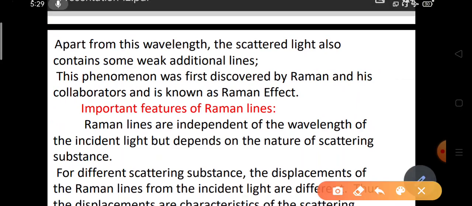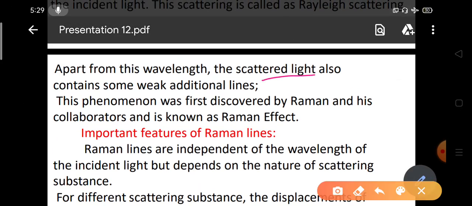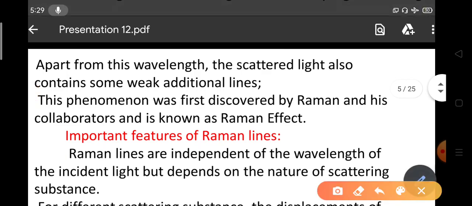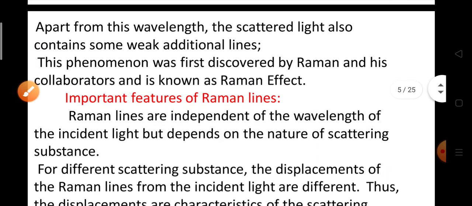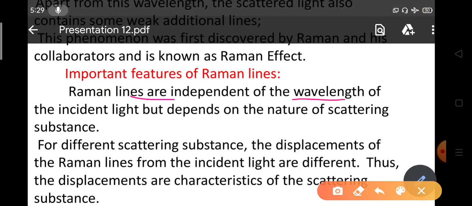Apart from the same wavelength, that is apart from the Rayleigh scattering, the scattered light also contains some weak additional lines, and these additional lines were first discovered by Raman and his collaborators, and this is known as the Raman effect. What are the important features of Raman lines? The Raman lines are independent of the wavelength of the incident light, but depend on the nature of the scattering substance.